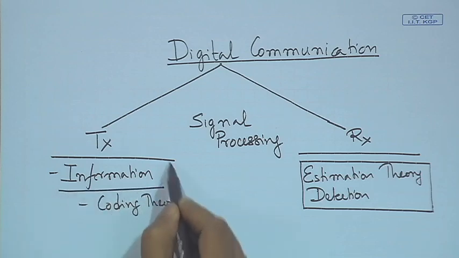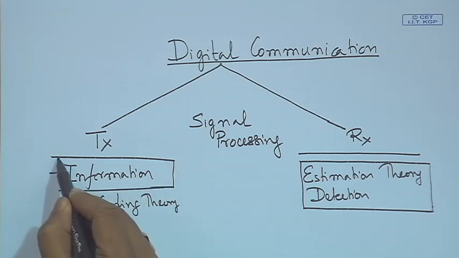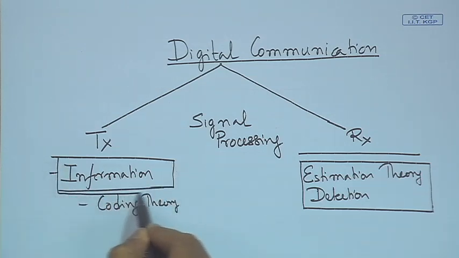So, if you have to master the domain of digital communications, you can pick up a subject on estimation detection theory in future, and at the transmitter side, knowledge of information theory is going to greatly help you in further developing this particular field or taking up research activity in this particular field.